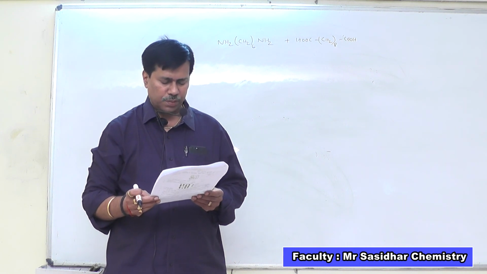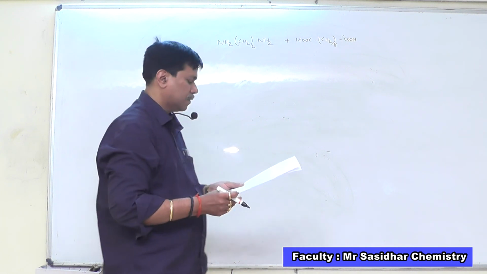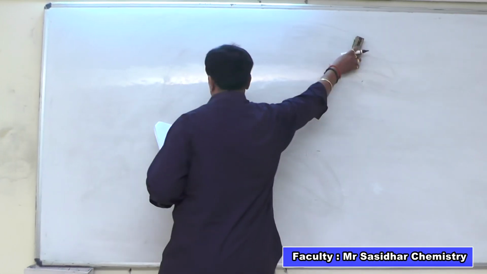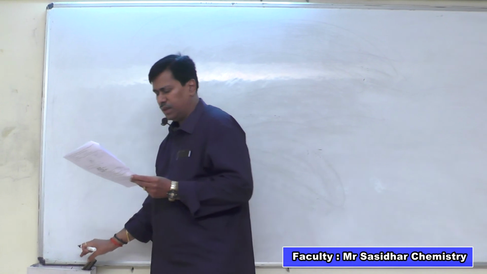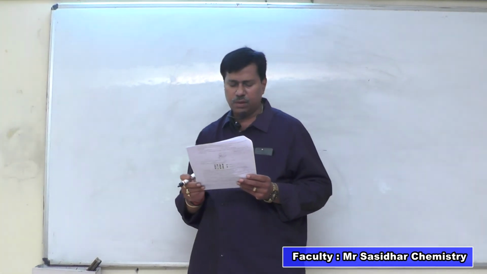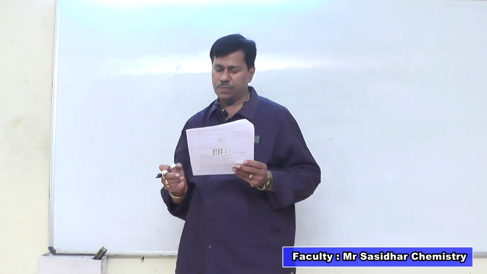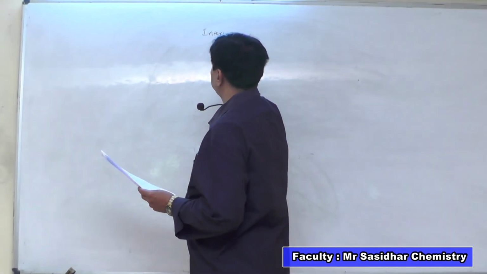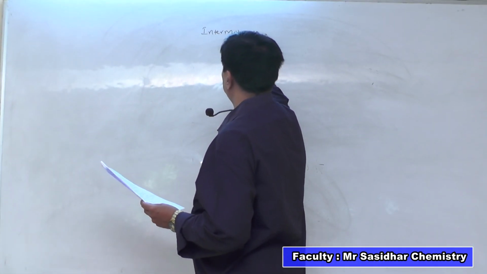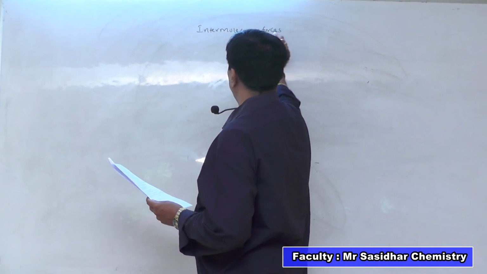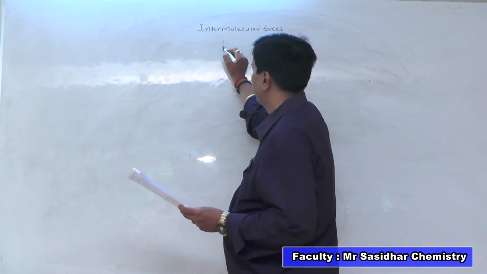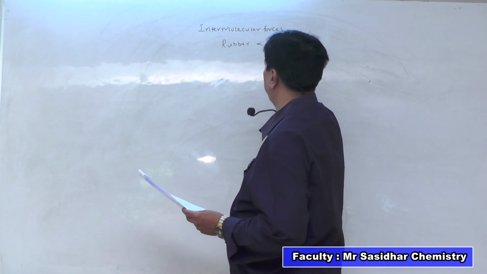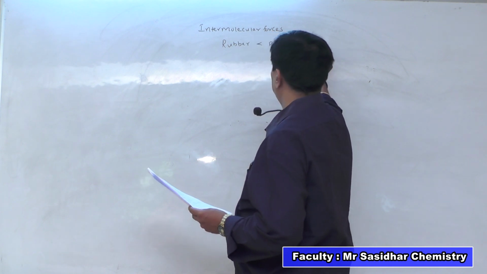Then moving to question number 59. So we are given some polymers and we are asked to arrange in the increasing order of intermolecular forces. See, the intermolecular forces will be in the order rubber less than plastic less than fiber.